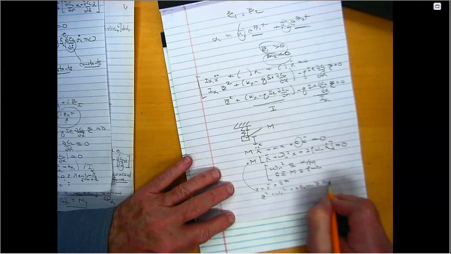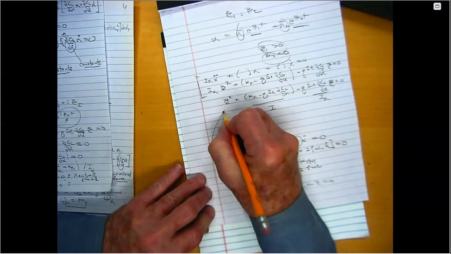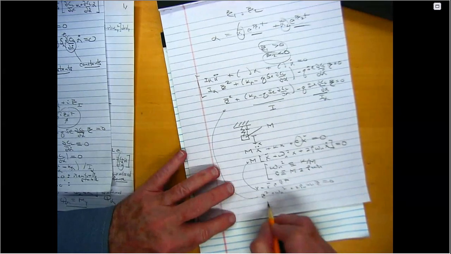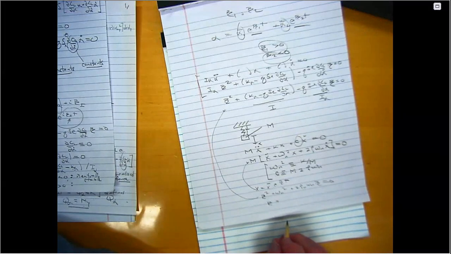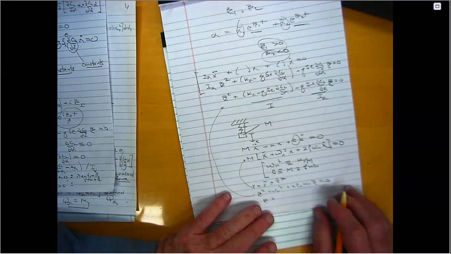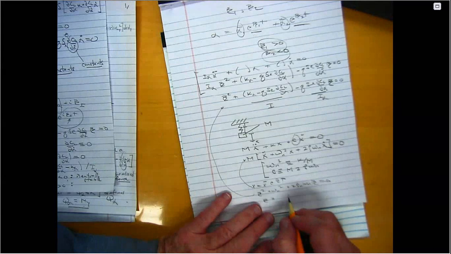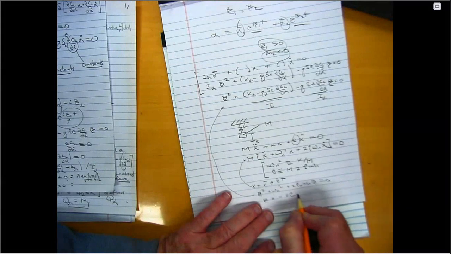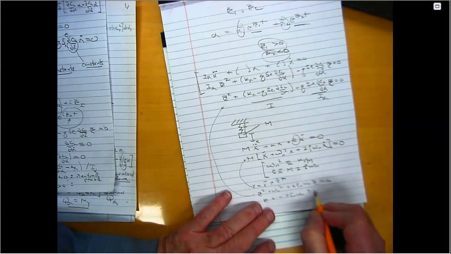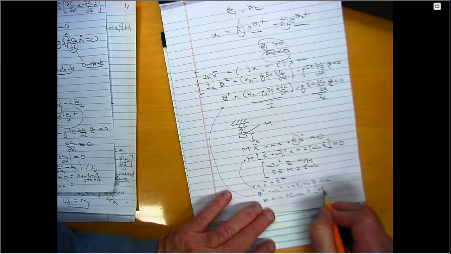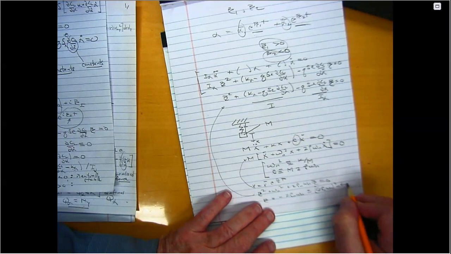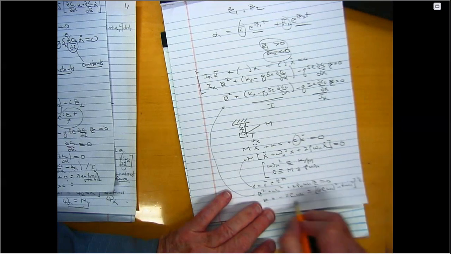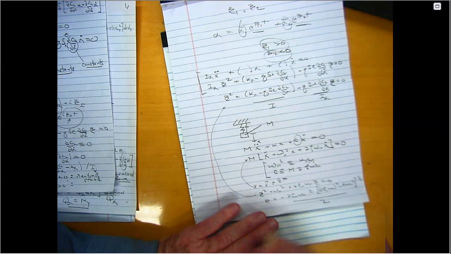So again, this equation looks a lot like this equation. And now if I solve for beta using the quadratic formula, it is minus 2 zeta n omega n plus or minus the square root of 2 zeta n omega n squared minus 4 omega n squared, over 2, right?